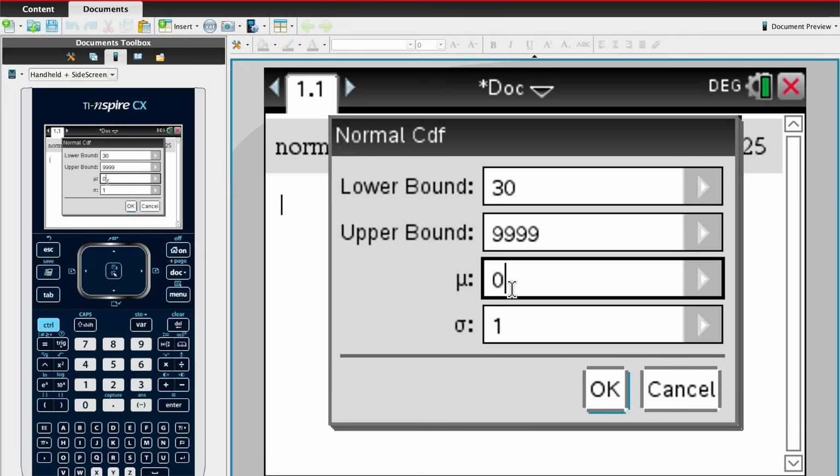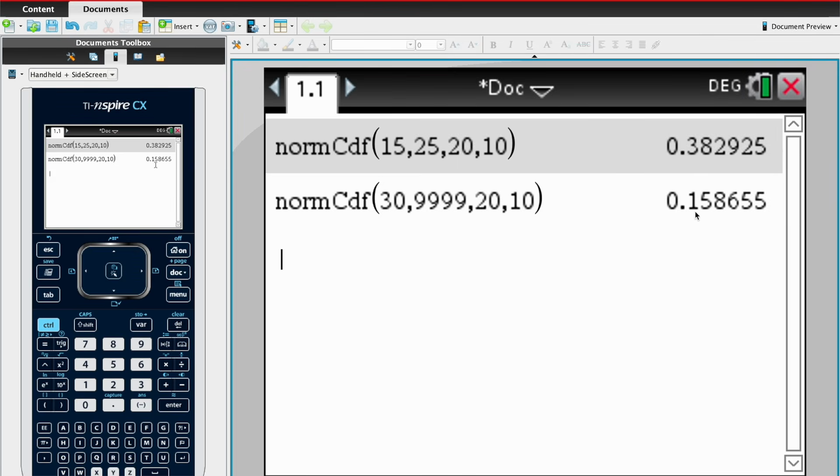Mean is again 20, standard deviation is 10. So what do we have here? 0.158655 or 0.159. As a percentage, 15.9% of the time, this train is arriving more than 30 minutes late.